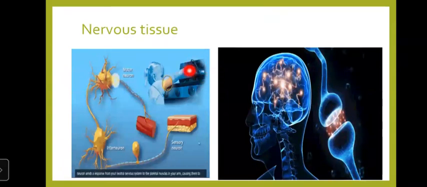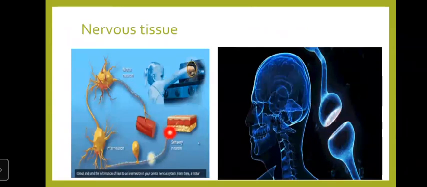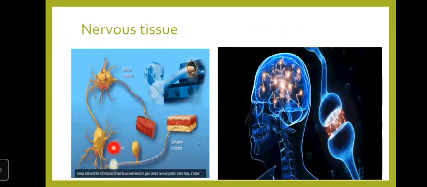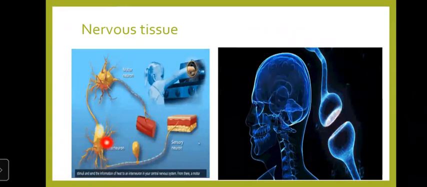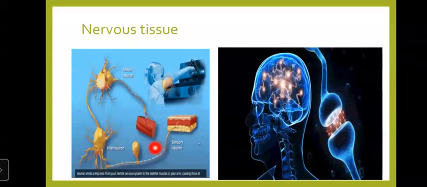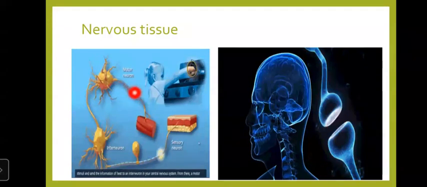You all see, as soon as the impulse is received, the neurons get excited and the impulse is generated. This is the impulse which is passing from one neuron to the other neuron. See, from the axon, the impulse is passed on to the cell body of the other neuron. Again, that impulse is carried forward to the other neuron and the chain is completed.